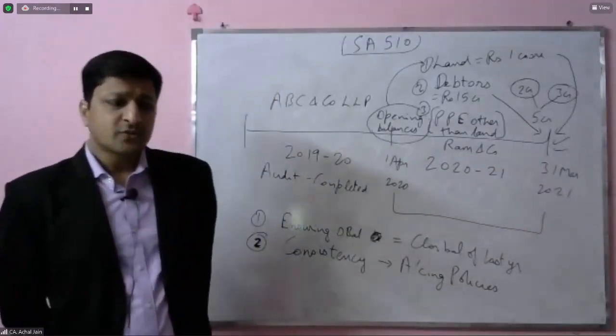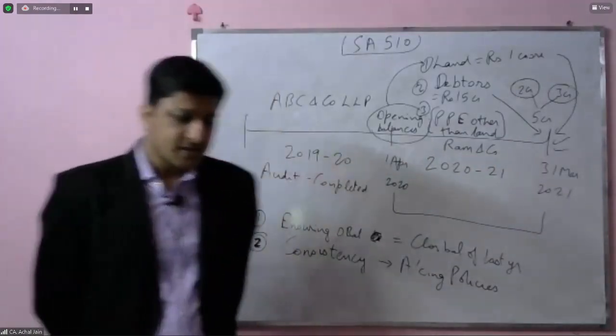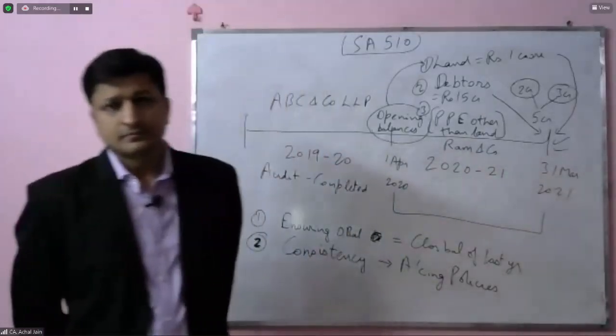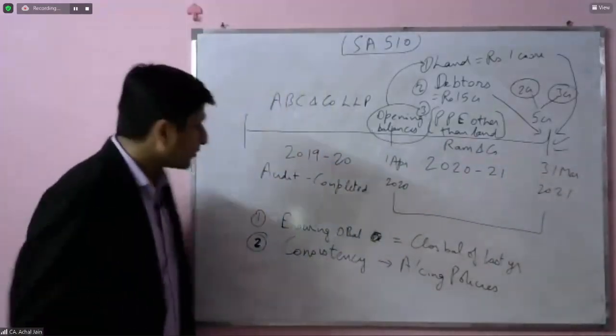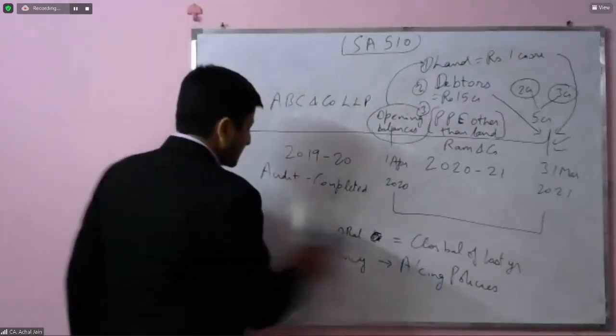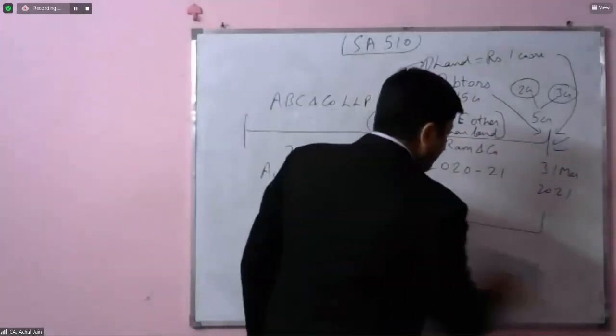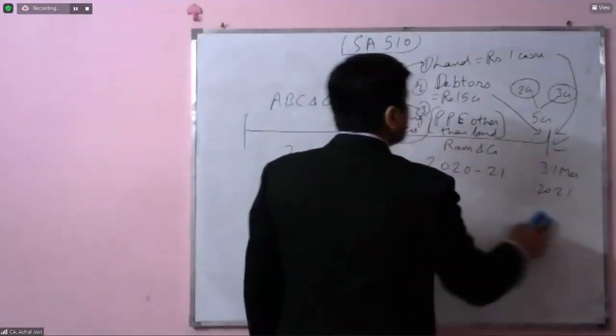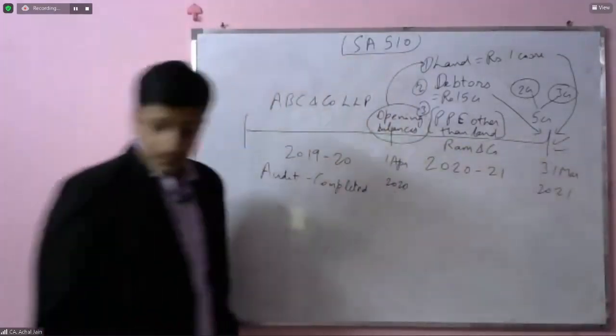Now, in such a situation, a question arises that how would those misstatements be dealt with? So let's try to understand about those misstatements, or what will be the action plan of the new auditor in respect of those.